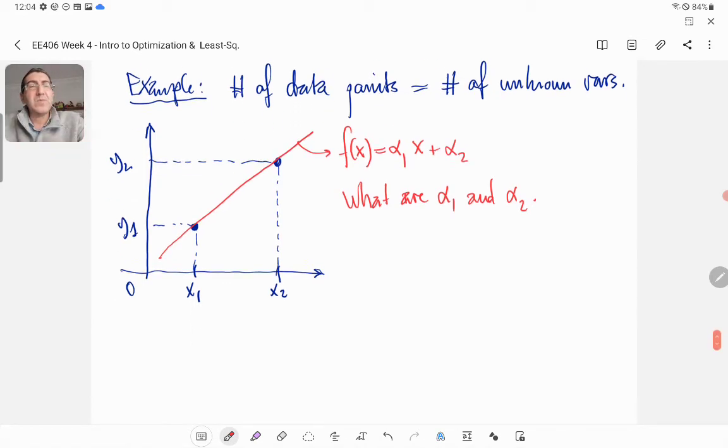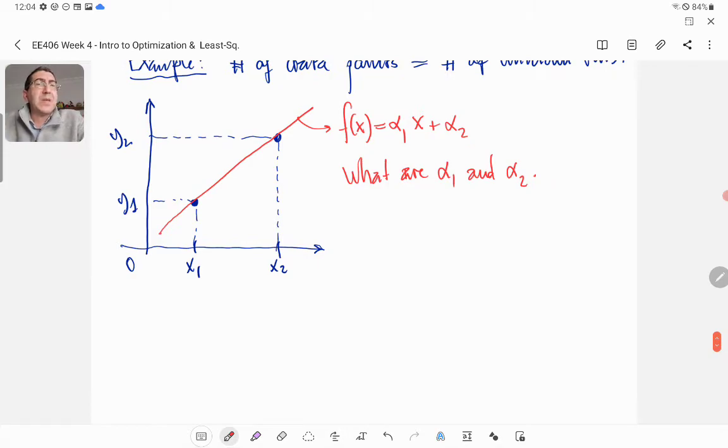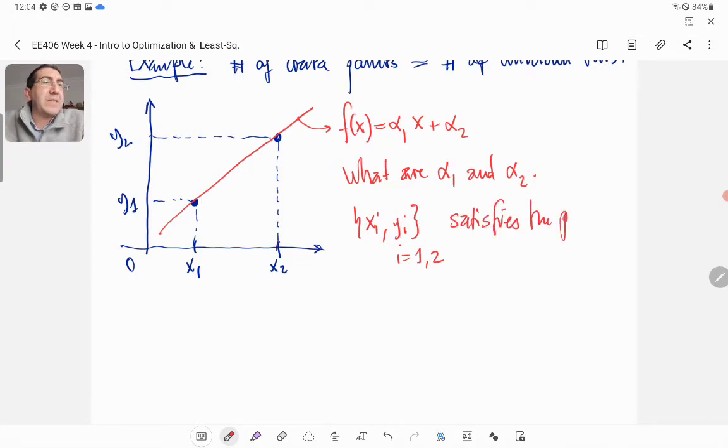So what's key here is that the set of points xi, yi, i equals 1, 2, satisfies the parametric function. This is a function of x, but it also has alpha 1 and alpha 2 as parameters.